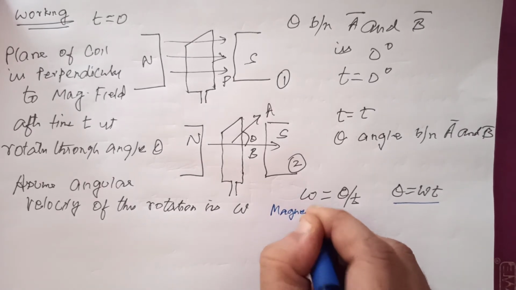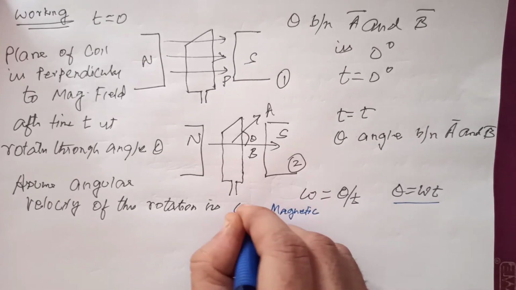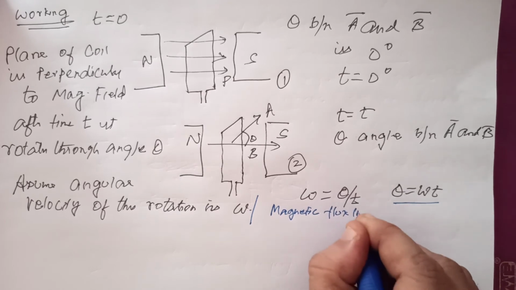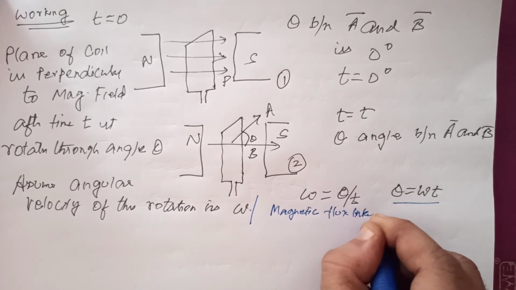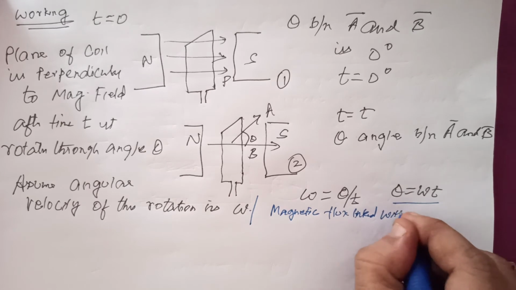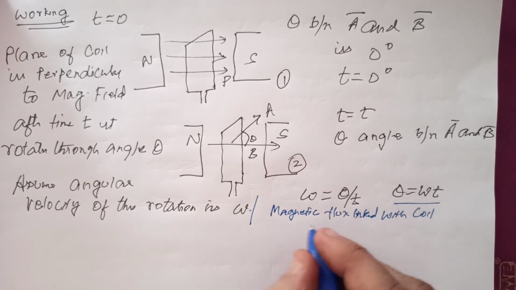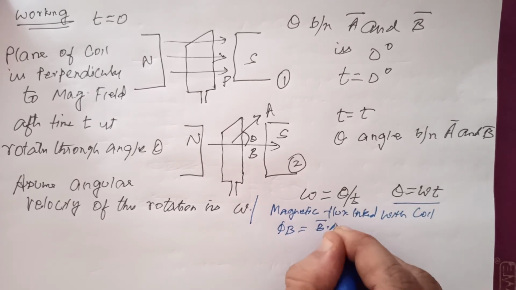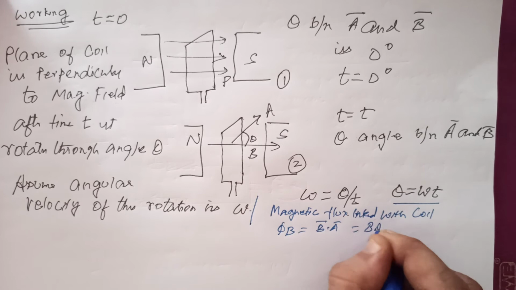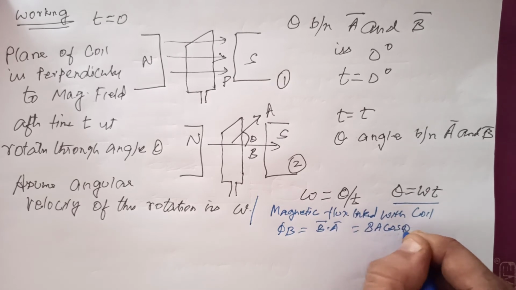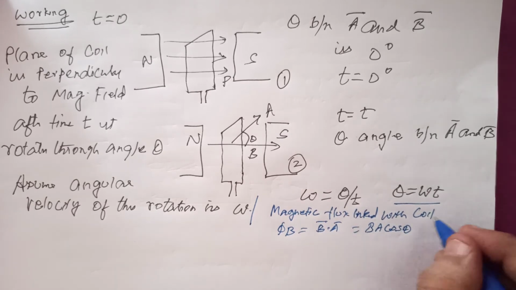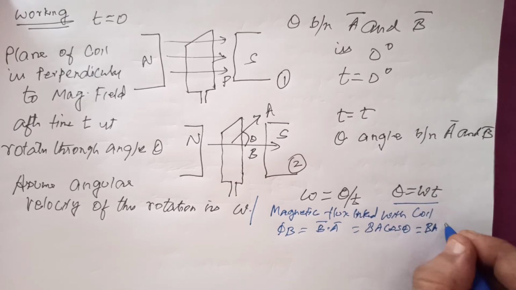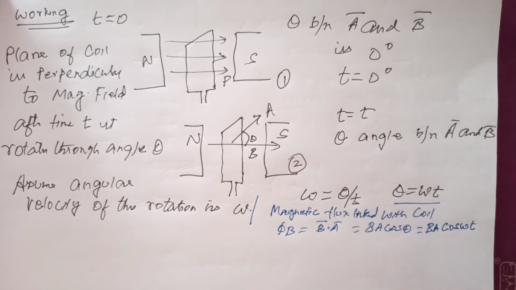Magnetic flux linked with the coil, phi B, is equal to B dot A, which is BA cos theta, because it's rotated by theta, but theta is omega t, so I can say BA cos omega t.